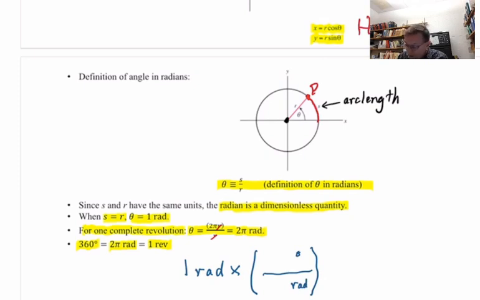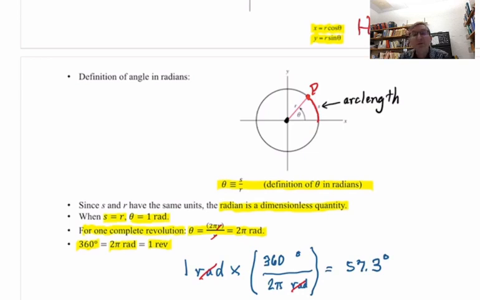And then we just use this equality here that for 360 degrees, 1 complete revolution, that corresponds to 2 pi radians. So the unit of radian cancels. So I take 1 times 360 and divide by 2 pi. And I get, I'll give you 3 sig figs, 57.3 degrees. So 1 radian is equivalent to 57.3 degrees, which is a pretty large angle.